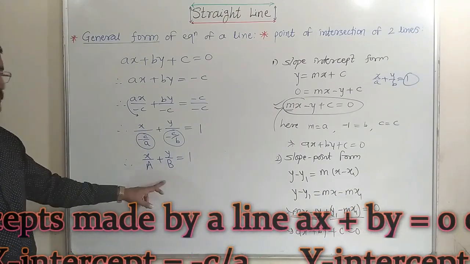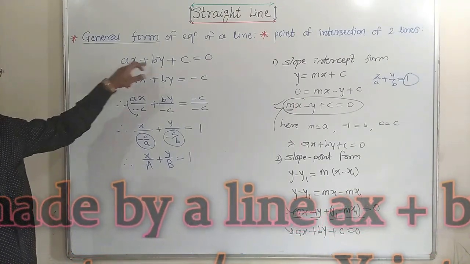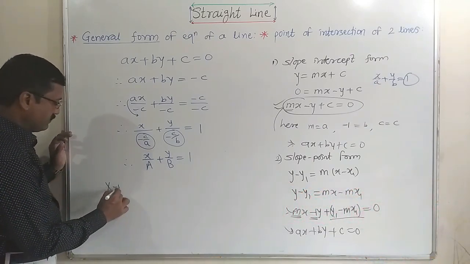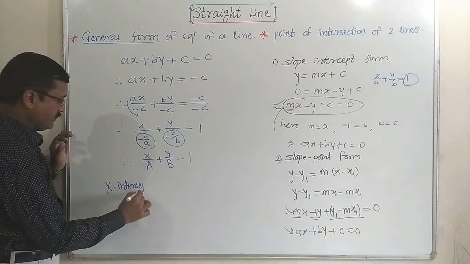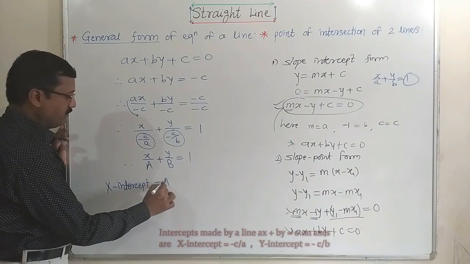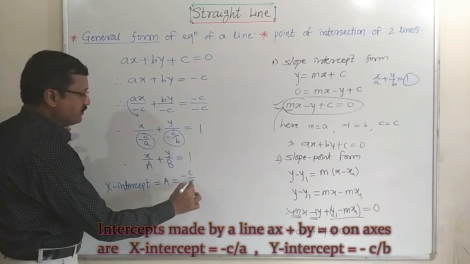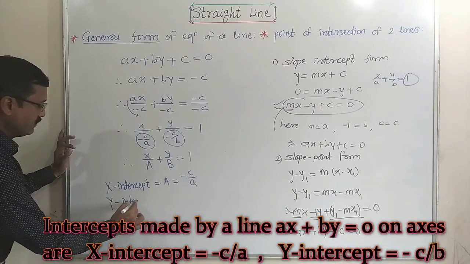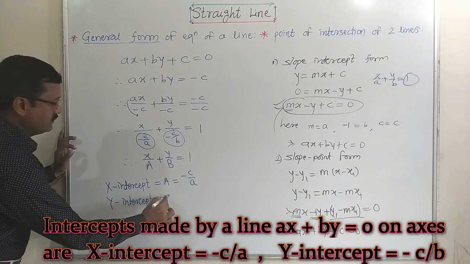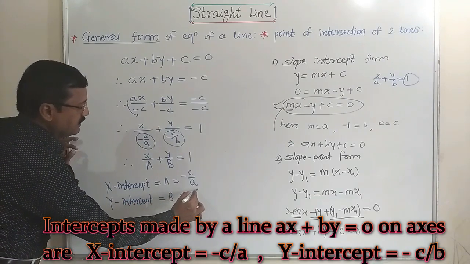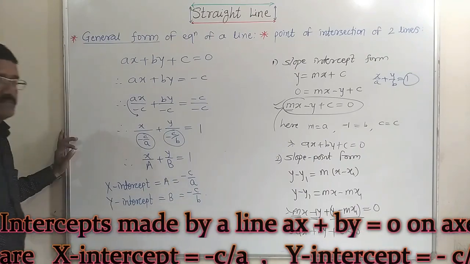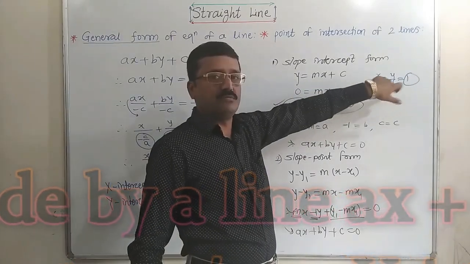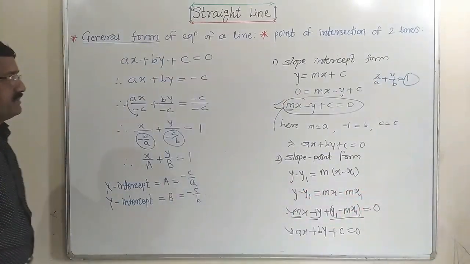Why capital letters A and B? Because in given equation, small a and b are already there. So here A means x-intercept. X-intercept is equal to capital A, that is minus c upon a, and y-intercept is capital B, that is minus c upon b. Actually, in double intercept form, we have taken small a and small b as our x and y intercept respectively there.